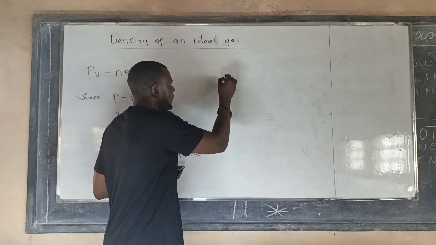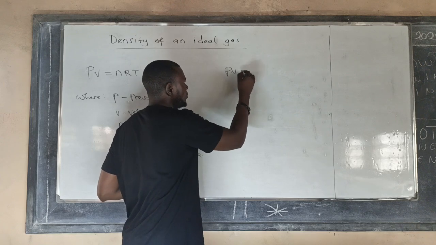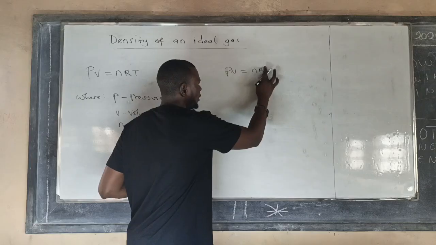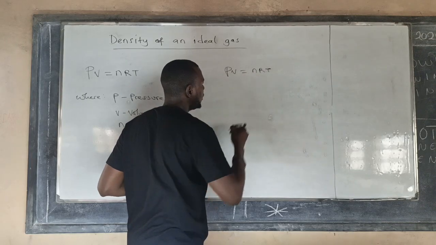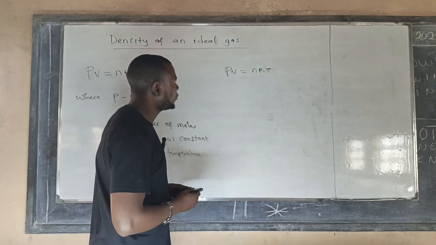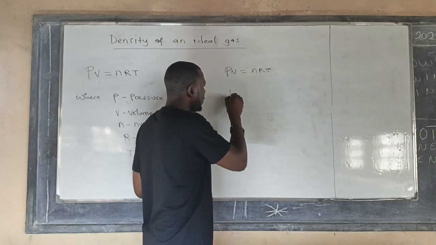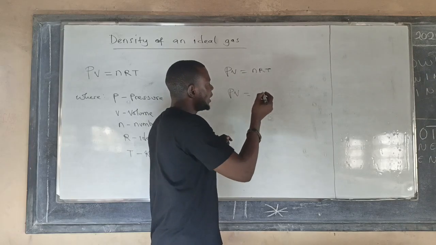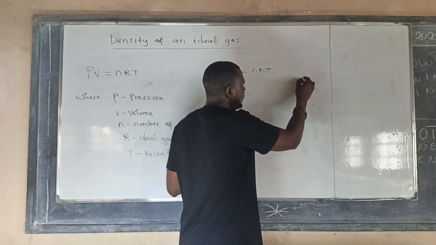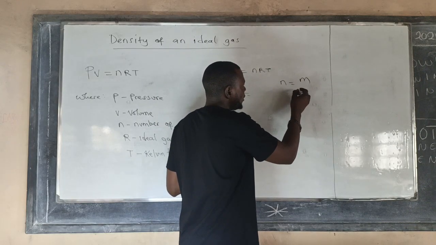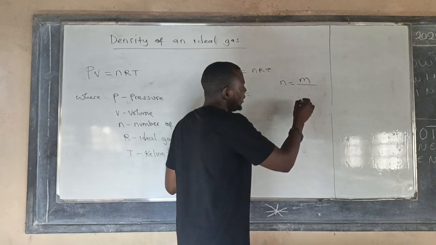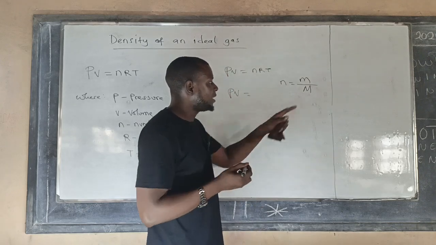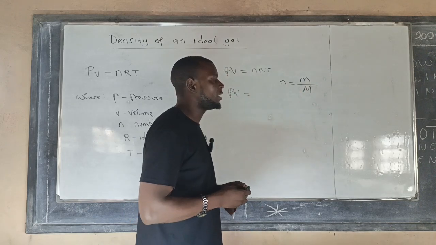Now, let's start our derivation. We have PV equals nRT. The first step is to note that the number of moles can be gotten by dividing the mass by the molar mass. The number of moles is equal to the mass of a component divided by its molar mass, where lowercase m represents mass and capital M represents molar mass.